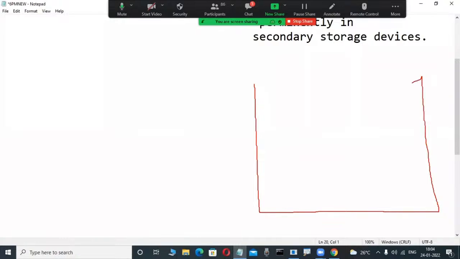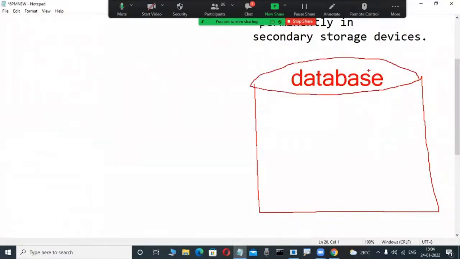That is called a database. But these databases, Oracle, SQL Server, DB2, Sybase, do not store a random collection of data. They store only a structured collection of data, in an organized fashion.